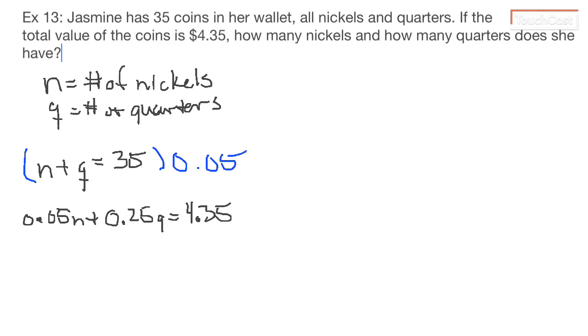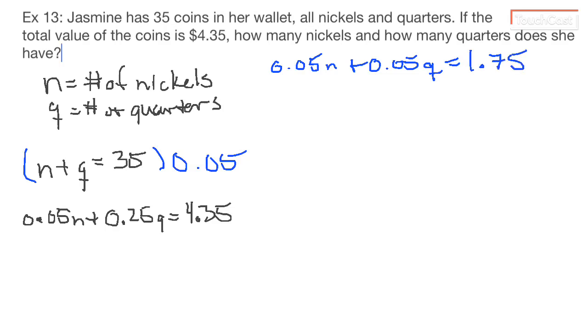Now that's going to give me 0.05 N plus 0.05 Q equals positive 1.75.